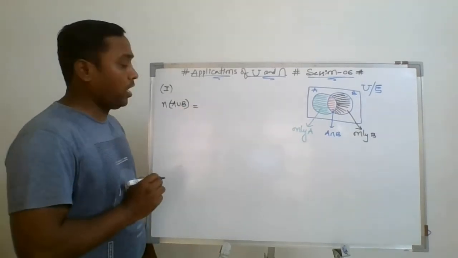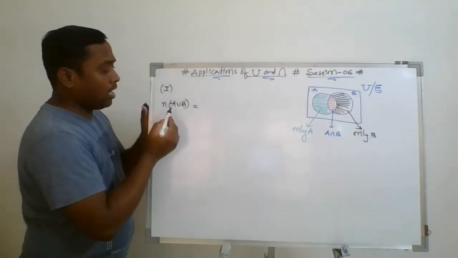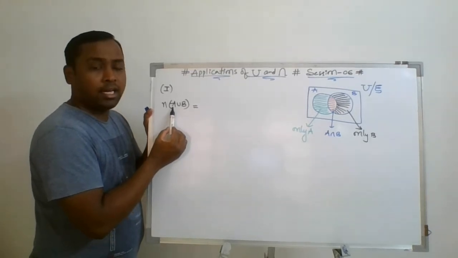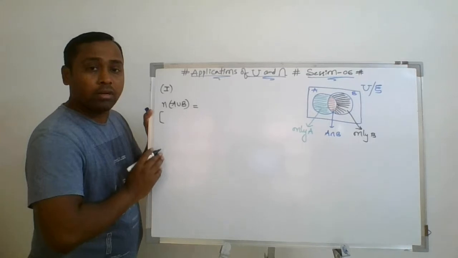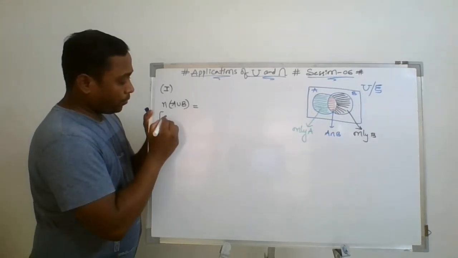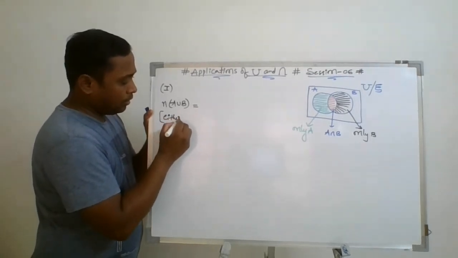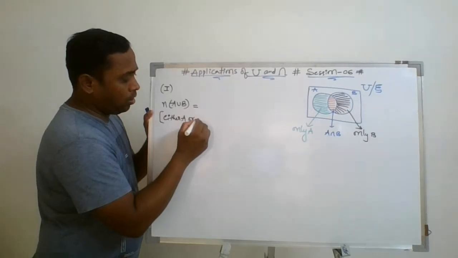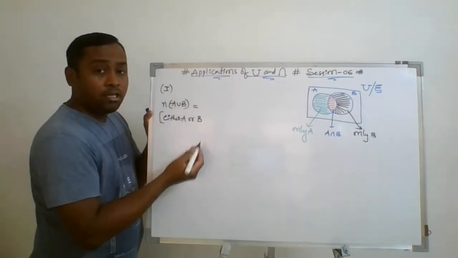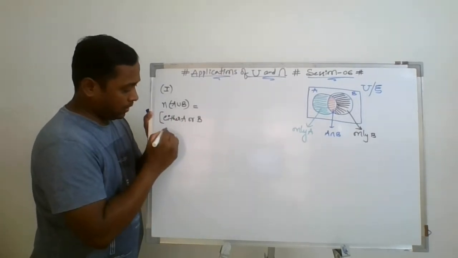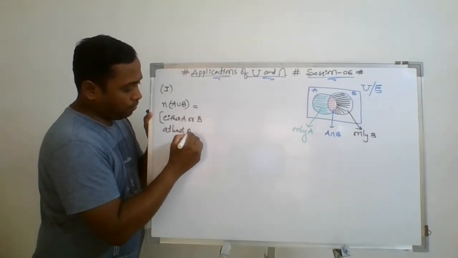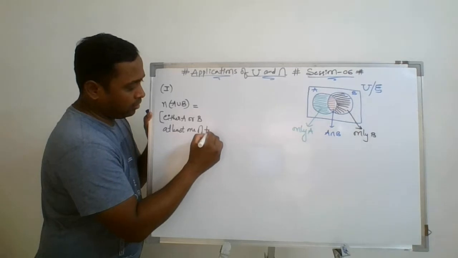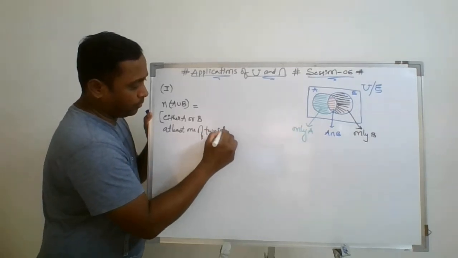So n(A union B) means the elements which are either in A or in B. I am writing the meaning: A union B means either A or B. Another way to speak the same is at least one of the two sets.